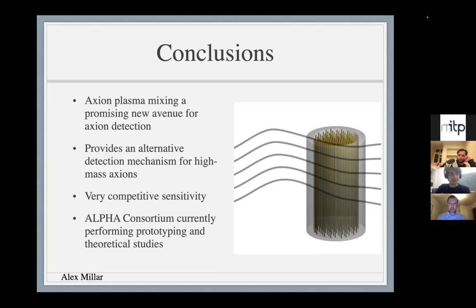Okay, Joachim, please. Hi. Now you are muted. Yes, I realized I'm still muted. Sorry. Okay. Thanks for this exciting talk about this exciting idea. I was wondering, the axions in the dark matter halo, they are moving after all.